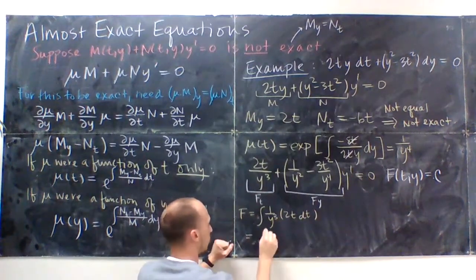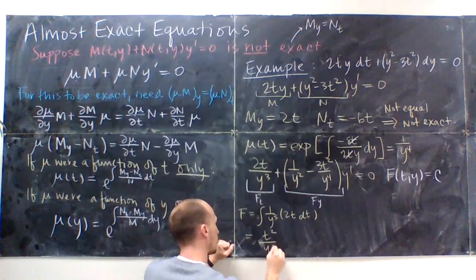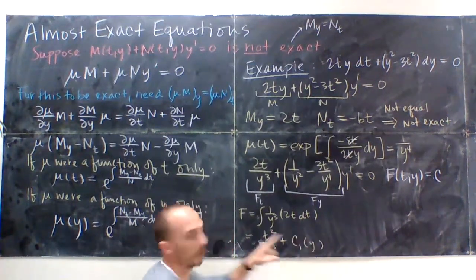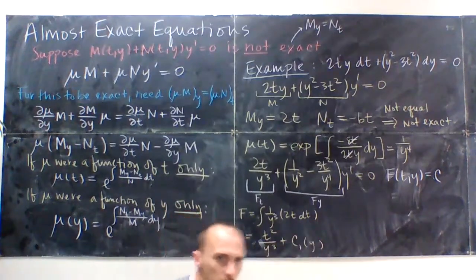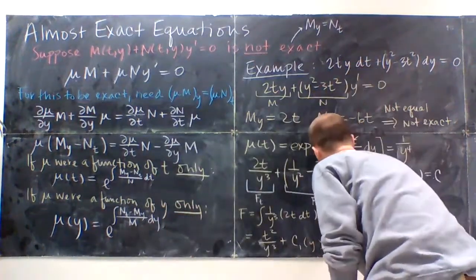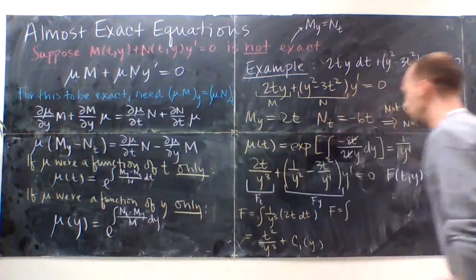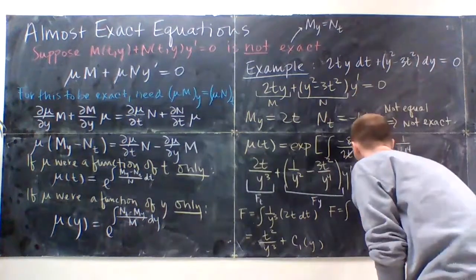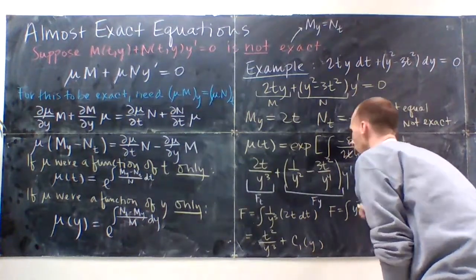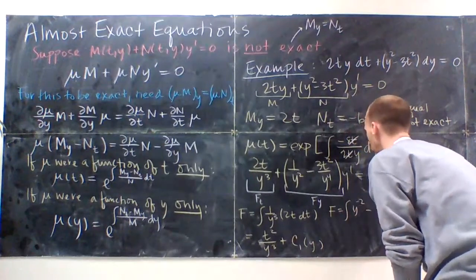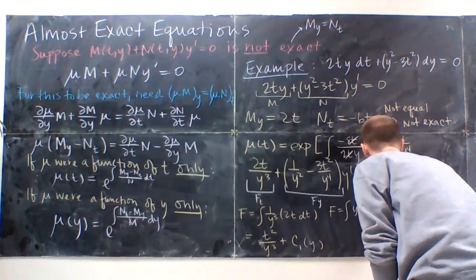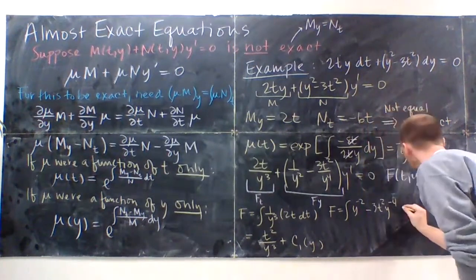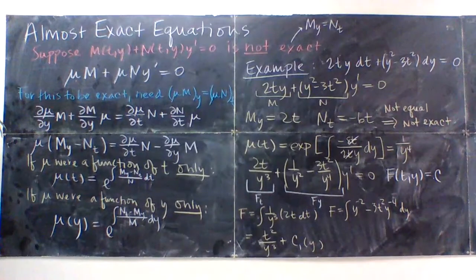And that'll be t squared over y to the 3 plus some constant function of y, which hopefully I'm going to find in the process of my computations over here. Then, on the other hand, f is going to be equal to the antiderivative of this thing with respect to y: y to the negative 2 minus 3t squared y to the negative 4, to make this a little easier, dy.